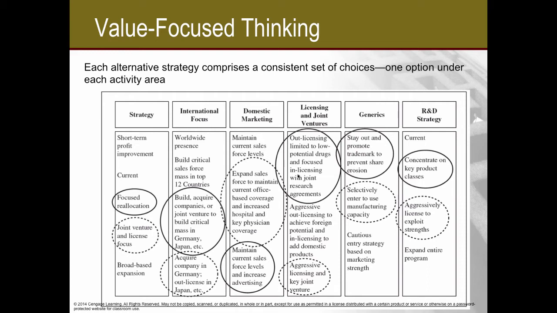And then for generic products, stay out of them and remove the trademark to prevent share erosion, and also concentrate on key product classes. So basically, based on the initial strategy, we have a path of choosing different alternatives in our strategy or also in operations management. Does it make sense?